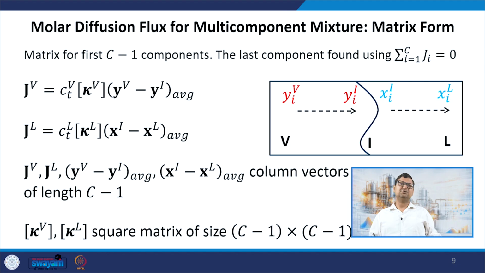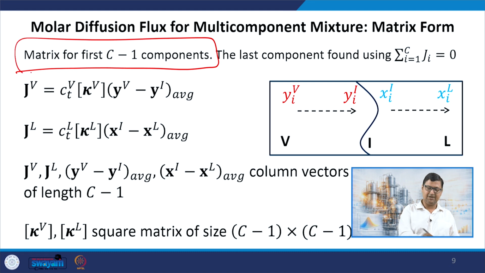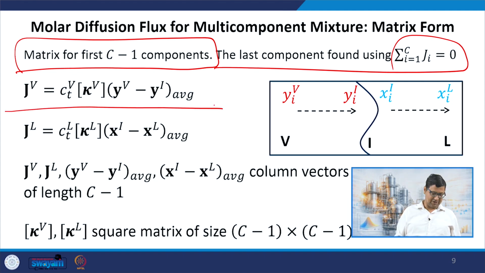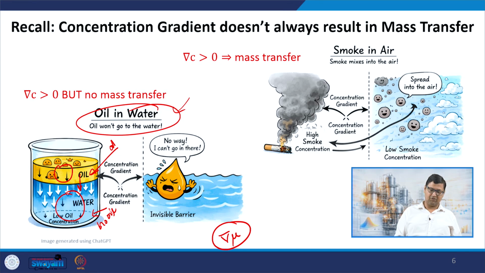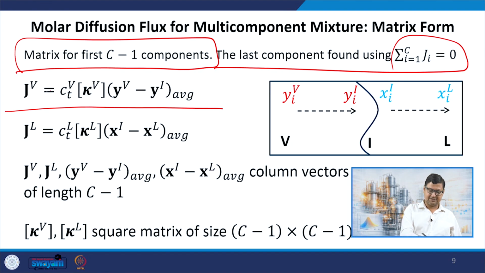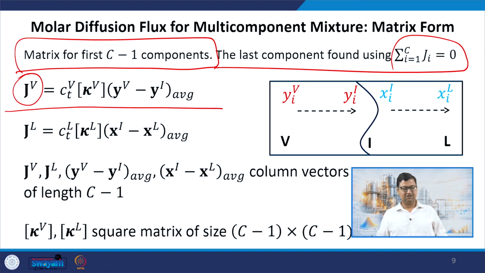We are going to have some sort of a matrix. We will write it only for the first C minus 1 components. The last component we can get from the fact that the summation of the j's is 0 for every stage, right? So, it is going to look something like this. That may look like some sort of a general form of what we had in the binary case, right? But then this j is now a vector, a column vector of length C minus 1, because we are writing the relative flux for all the components in the vapor phase.